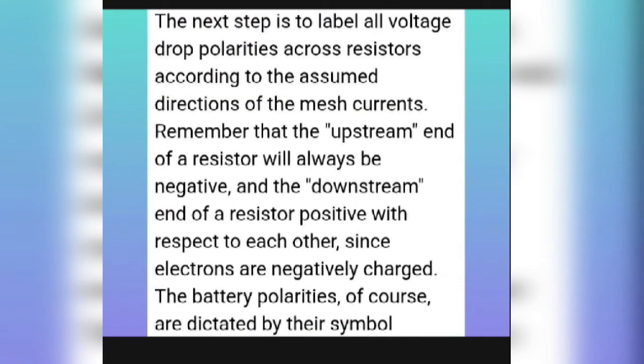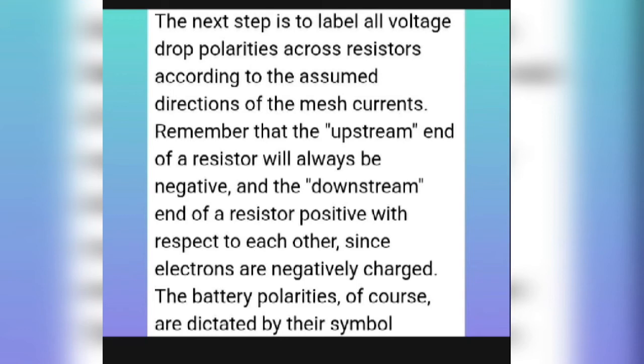The next step is to label all the voltage drop polarities across the resistors according to the assumed direction of the mesh currents. Remember that the upstream end of a resistor will always be negative and the downstream end of a resistor positive, since electrons are negatively charged.